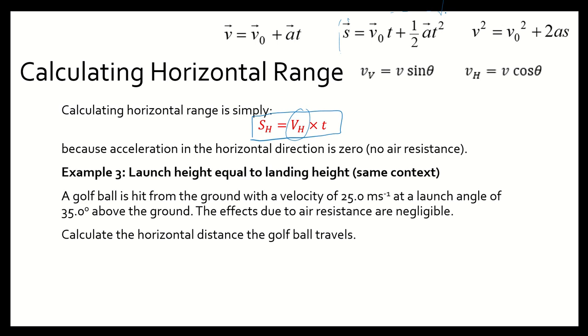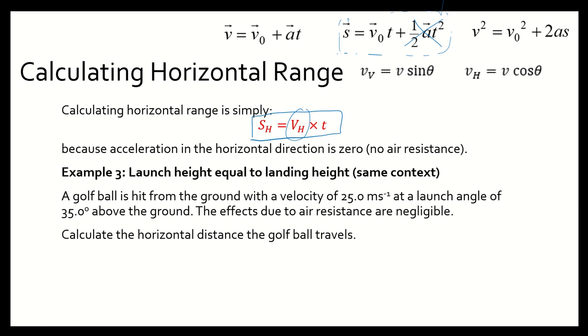So if we look at this equation here, the half AT squared, well, there's no acceleration in the horizontal direction because there's no forces acting, so it cancels out, and we're just left with the horizontal range being the horizontal component, which is its initial velocity because it doesn't change, times by its time of flight. It's time. Now, that's the easiest way to remember it. We'll just go with that.